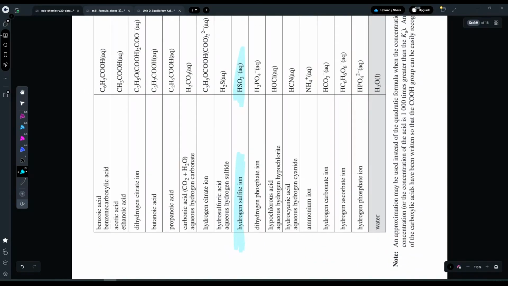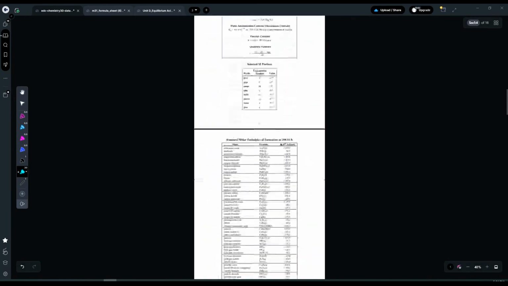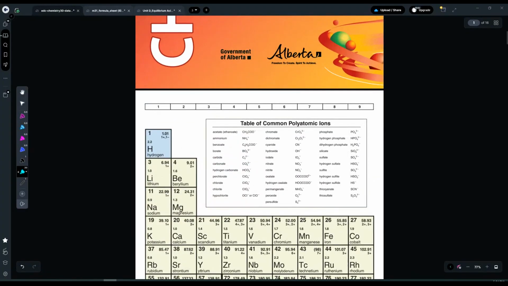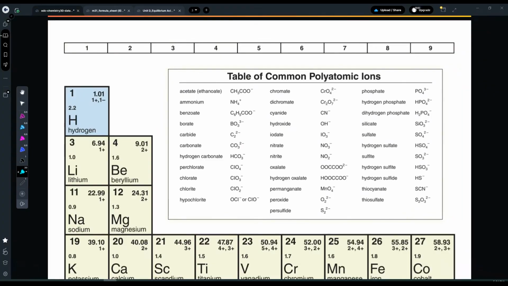So your data booklet does tell you how to name some of these. So you can look it up either here, or if it's a polyatomic ion, then you can also look it up on your periodic table. So where you would find hydrogen sulfite here would be right there.